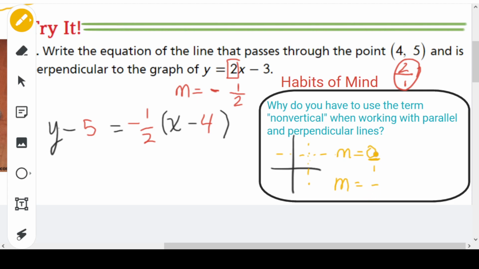Why not? And then if you find the reciprocal, you get 1 over 0. And can you divide by 0? Nay, nay, absolutely not. So that's why we have to specifically say non-vertical, because otherwise things get a little hocusy-pocusy.